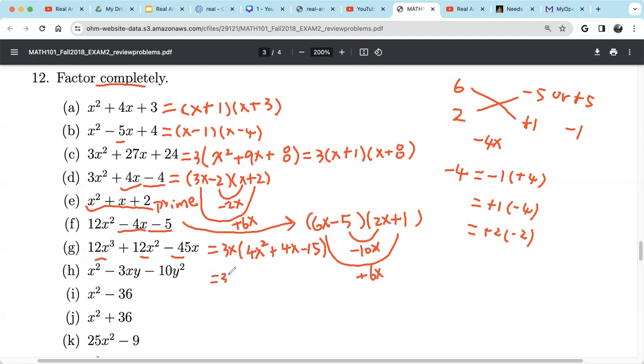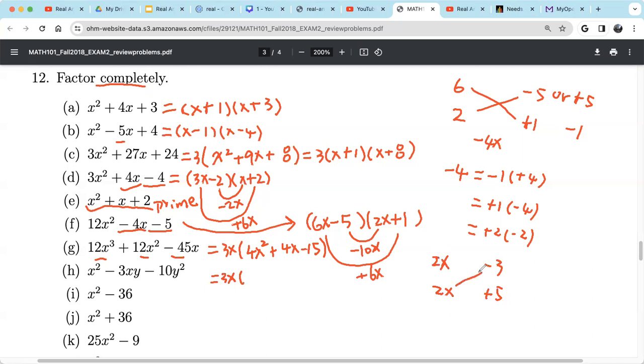So now, let's see if we can factor this trinomial inside the parentheses. 4x squared, then negative 15, let's see if we have negative 3, positive 5. Then we can factor as 2x, 2x. Let's see if this works, right?